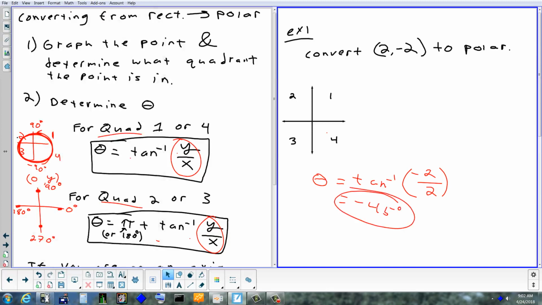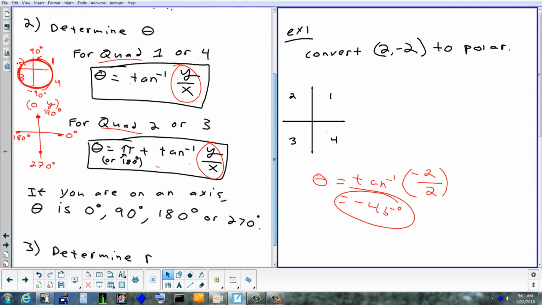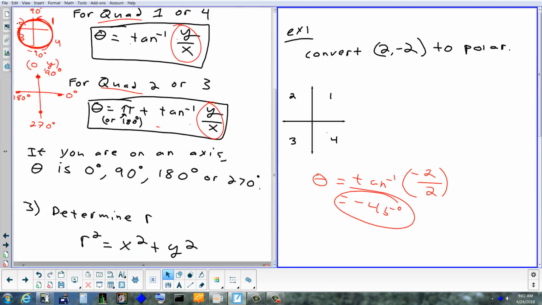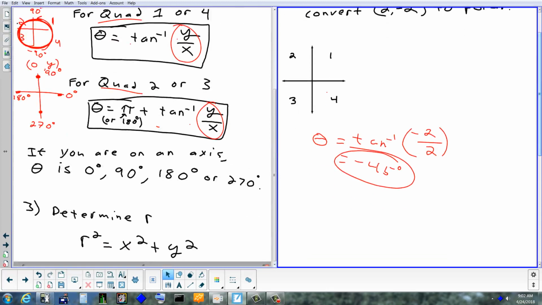All right, so that's half of what I need. Got the angle. Last thing I need is the radius. So to get the radius, we're just going to fill into that formula and see what we get. Okay, so we got r squared equals, and Pacey, can you fill in the rest of it for me?